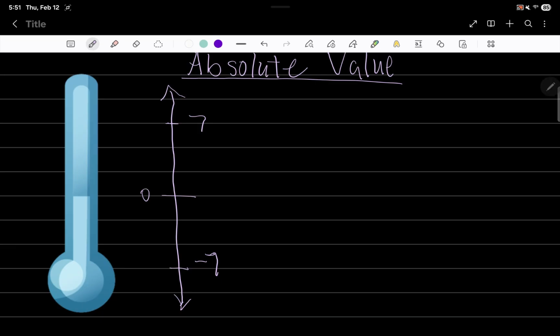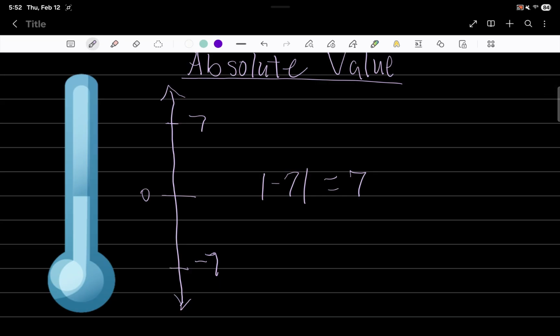So we know that if we take the absolute value of -7, we will have 7, because we're just focusing on the distance of the value. How far are we from 0? That is our main goal when it comes to absolute value.